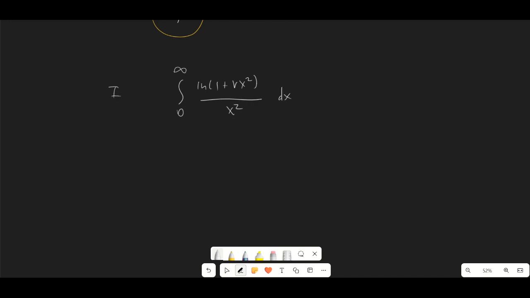So we have the integral from 0 to infinity. Let's switch back to white. I of v equals the integral from 0 to infinity of ln(1 plus v x squared) over x squared dx. And this is a parameterized integral with respect to v. Now I of 1 equals our original integral I, and I of 0 equals 0. So I prime of v is going to equal the integral from 0 to infinity.